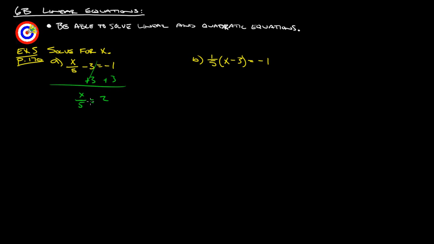Now there's 2 different ways to do this from this point here. I'll show you this way first. I can put this over 1 and we can do cross products. So we've got x times 1 should equal 5 times 2, so 1 times x should equal 5 times 2.